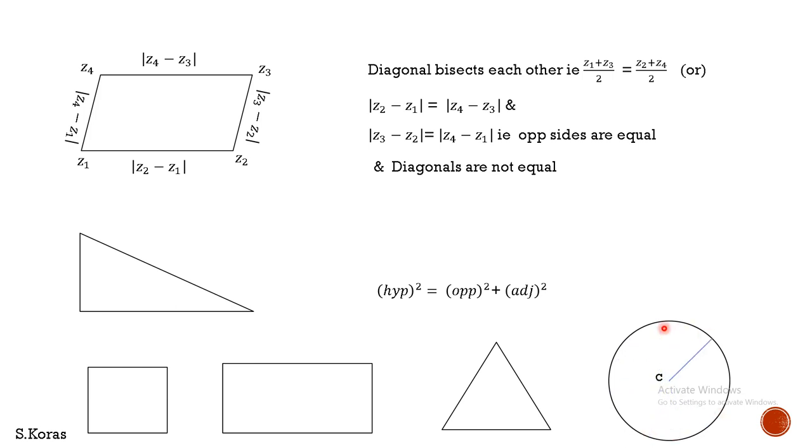So if you are able to prove that CA value is equal to CB value and so on, then we have proved the points form a circle with a particular point as its center.